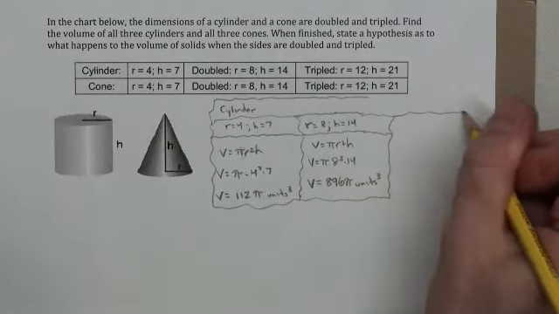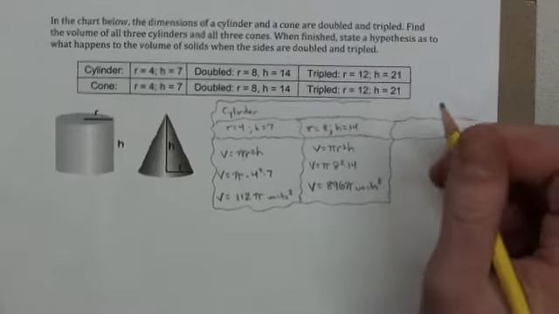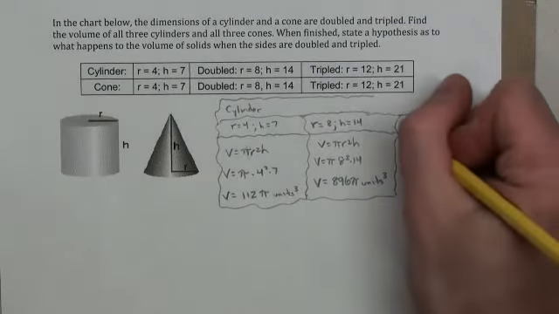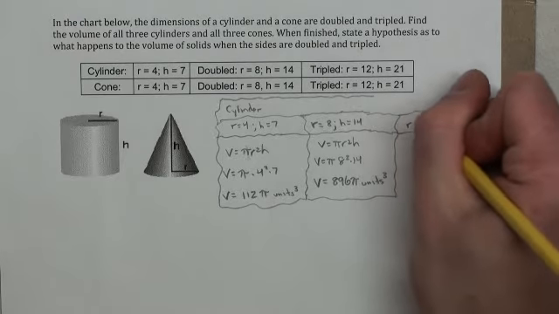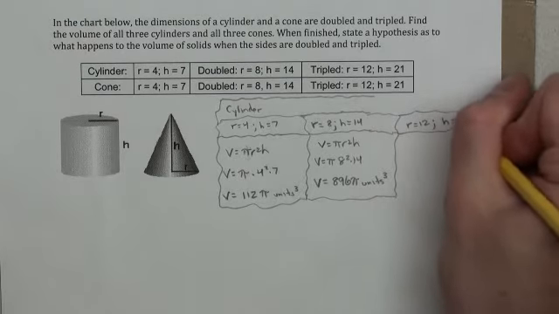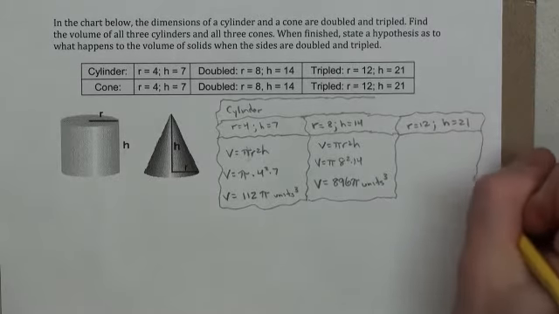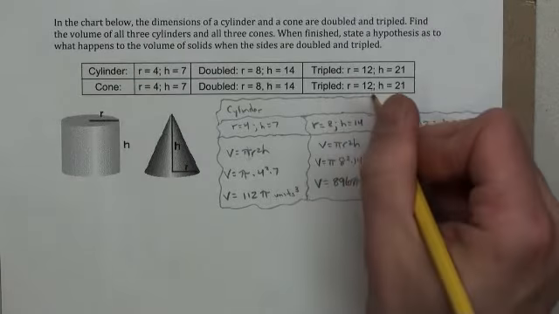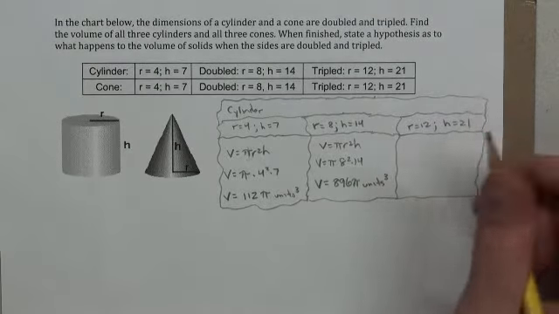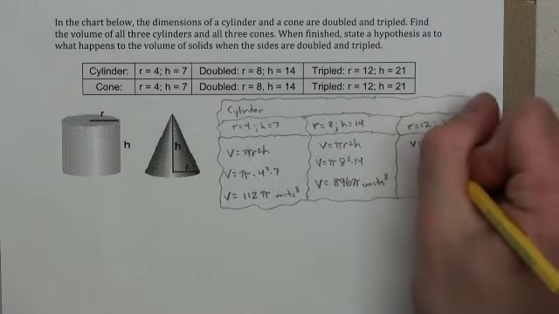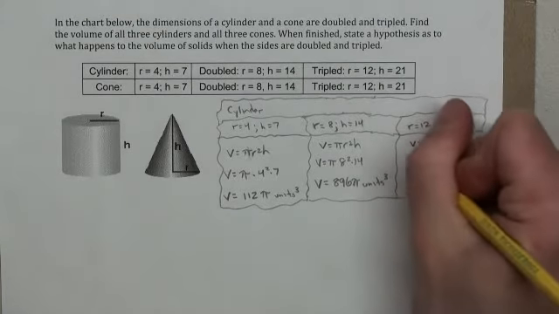Okay, and we have one more. This is when it's tripled. So this time r is 12 and h is 21. So volume equals pi r squared h.